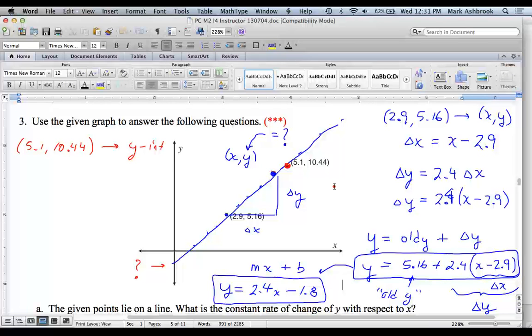Where's Jonathan Clark? Did you get the first step of this? What would you do first? All right, so delta x, he wants delta x first, and he wants x minus 5.1. So how should I draw delta x from here? What should I do?